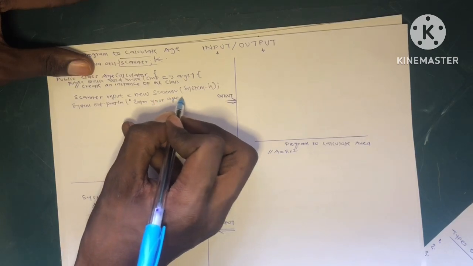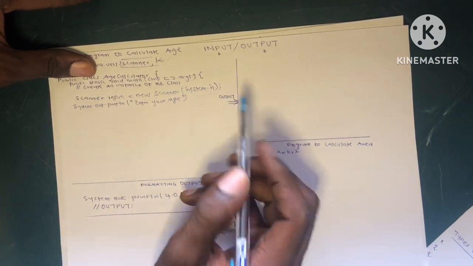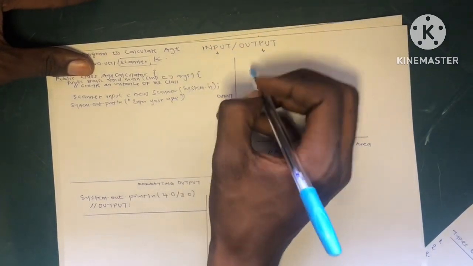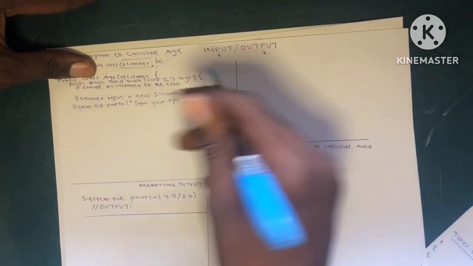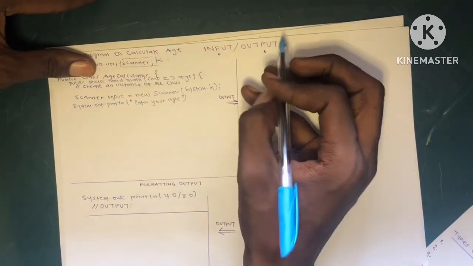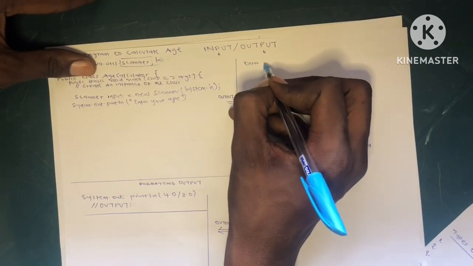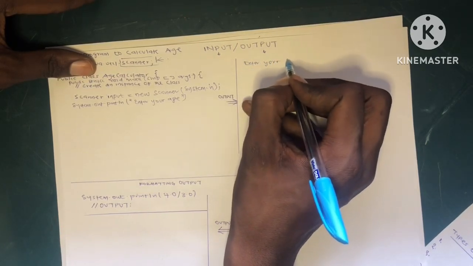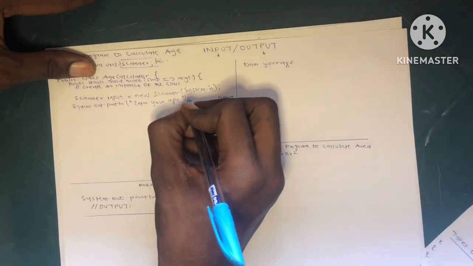What is happening here is that Java will ask the user to enter his age. So this is the output. Whatever we are doing here, the output will be here. If Java sees this statement, it will print here. It will ask the user to enter his age. Then we put a semicolon.